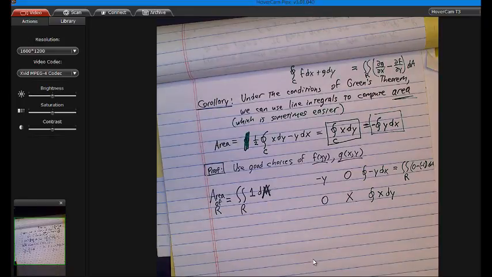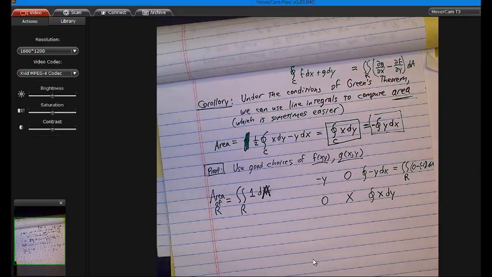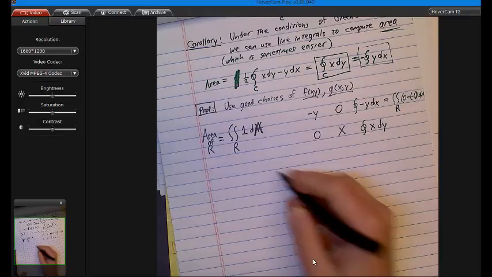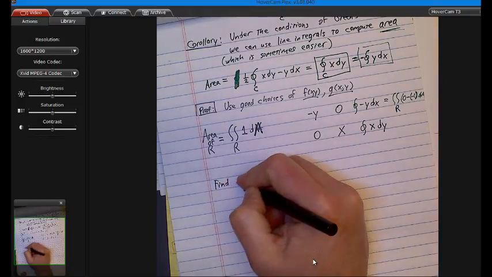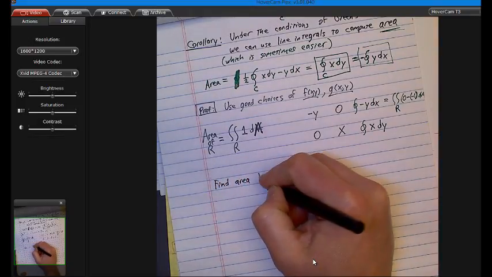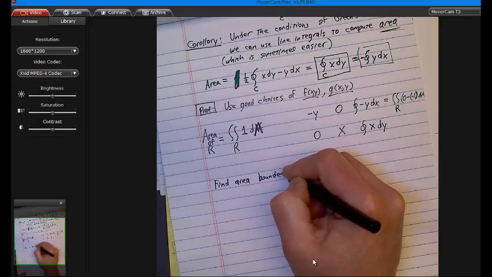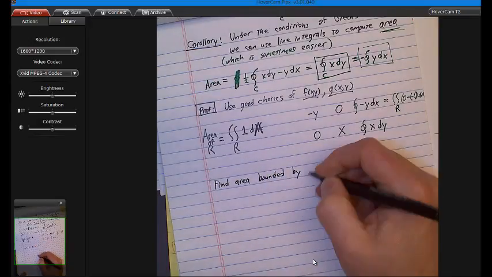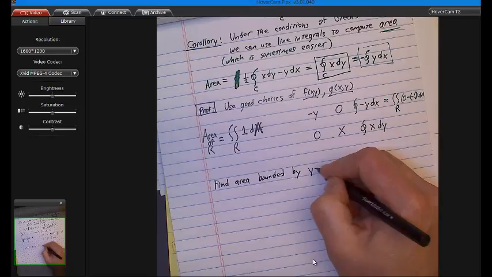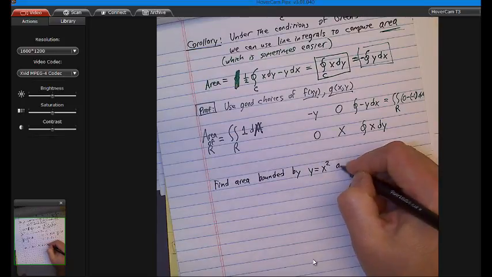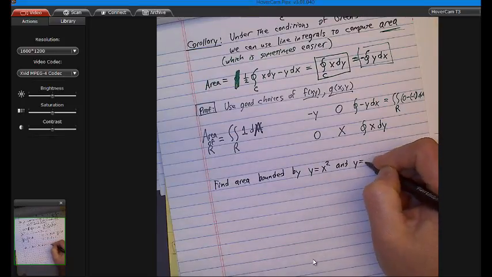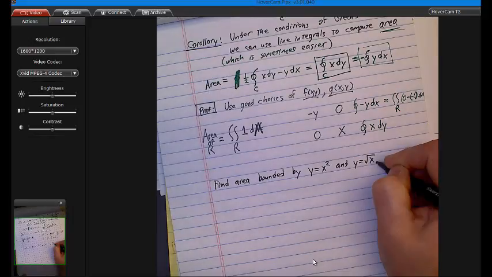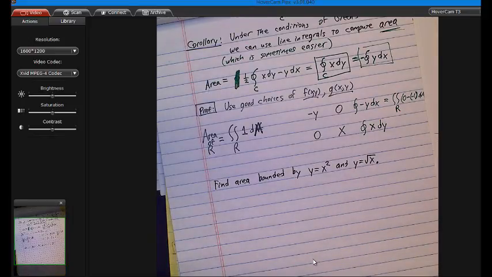Let's find the area bounded by y equals x squared and y equals the square root of x. That could be a nice Calc 1 problem, actually.